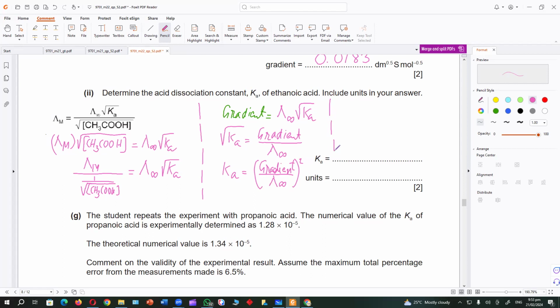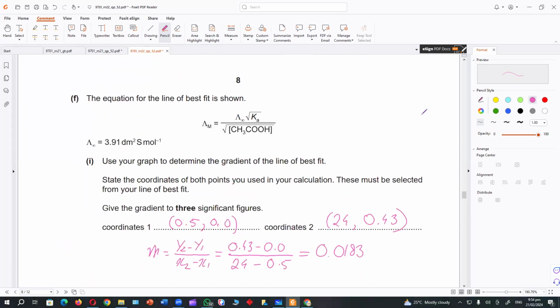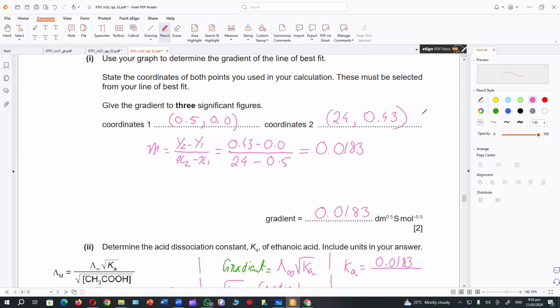My gradient was 0.0183, 0.0183 upon, what is the value here? 3.91.